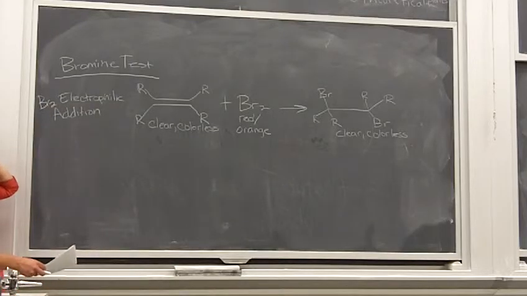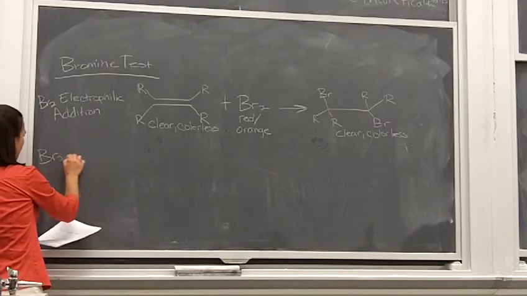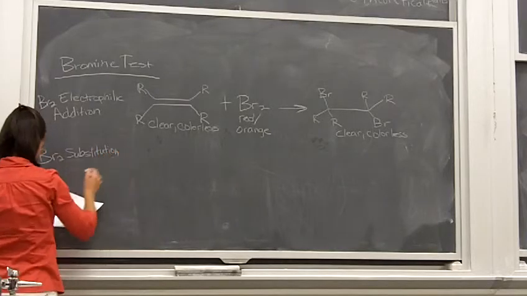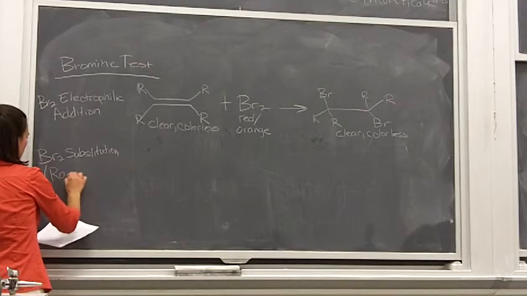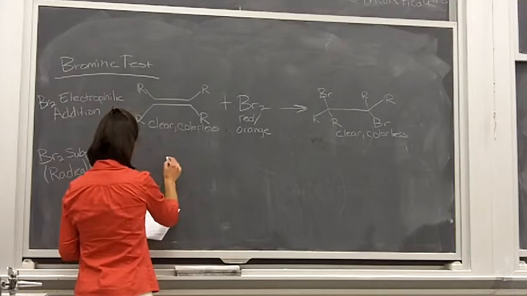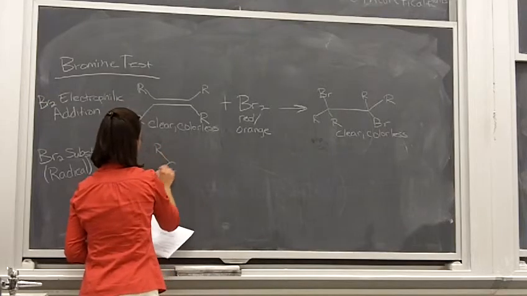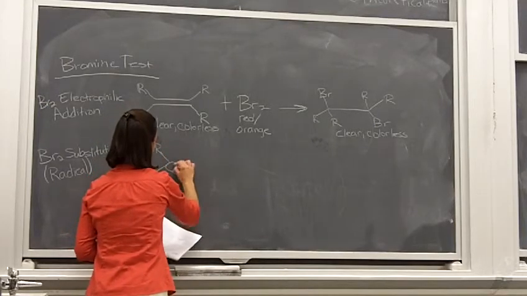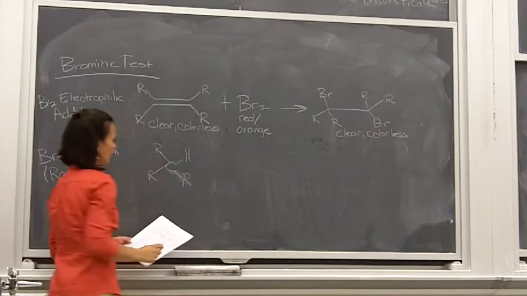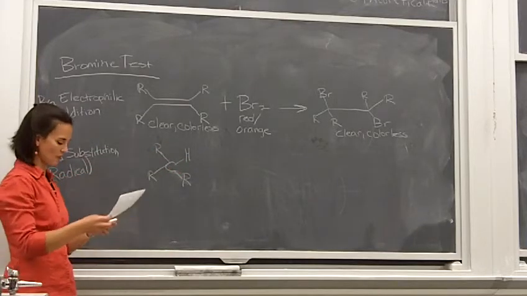Now with this reaction, there's another reaction that can occur with bromine, and that's a radical substitution reaction. So again, this time I'm not looking at our alkene, but we're just looking at an alkane, okay? We've got R groups here of our alkane, and then we've got a proton here, or more than one of these R groups can be a proton.